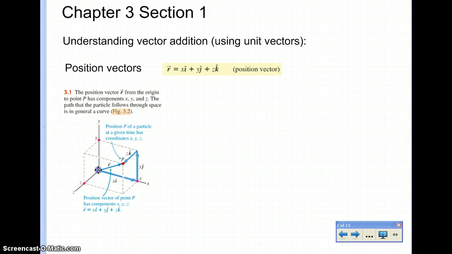It's made up of a horizontal component, the x component, a vertical component, the y component, and another component that moved along the z-axis, into or out of the board. If you take the horizontal component, the vertical component, and this forward and backward component into account, in three-dimensional space it takes you to a new position in space.